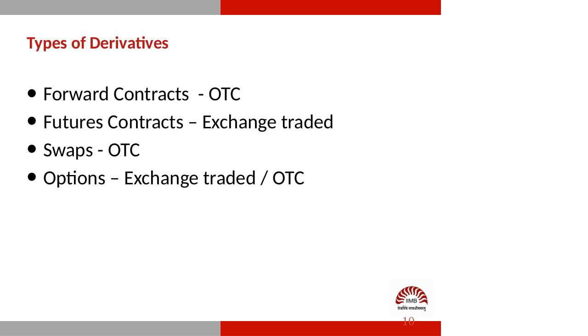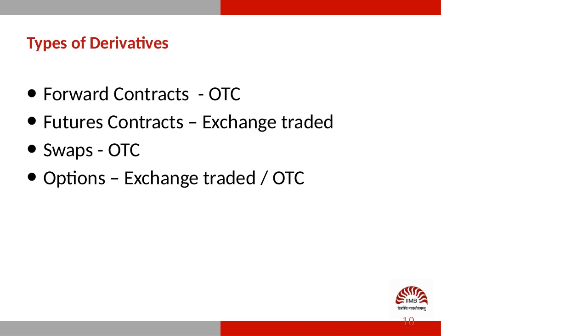And because it trades on an exchange, there are certain conditions that you have to follow. That's all. Futures contracts are nothing but forward contracts that are being traded on an exchange.